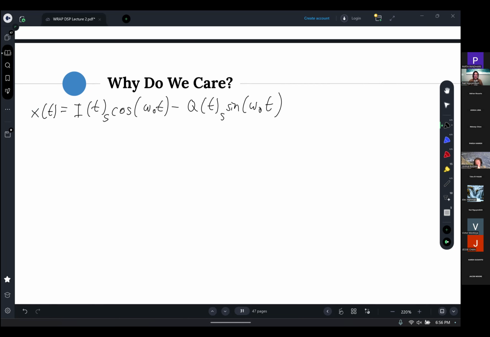Once we receive this, for our demodulation, let's say the regular demodulation equation that we had was we multiply things by two and then apply a low pass filter to the result of x of t multiplied by cosine of omega naught t.